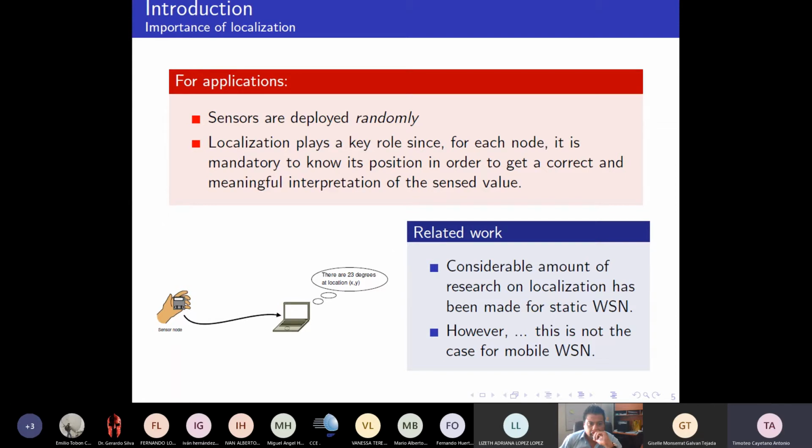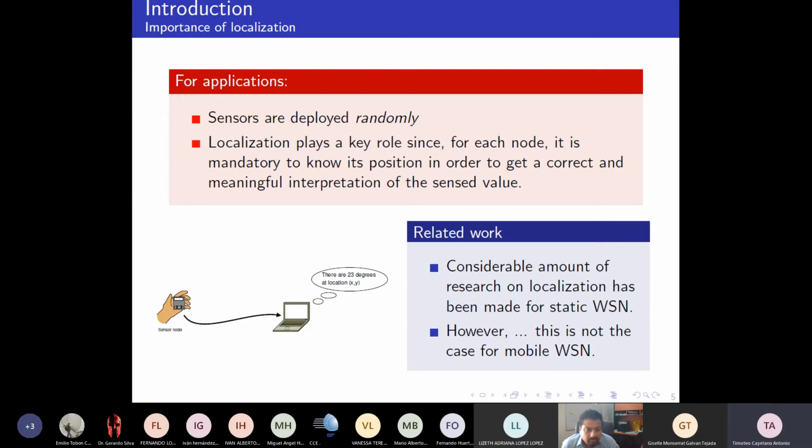Because of that, there is a lot of related work on localization, but in this work the nodes are considered static, and that is not always the case. Sometimes the nodes are mobile.